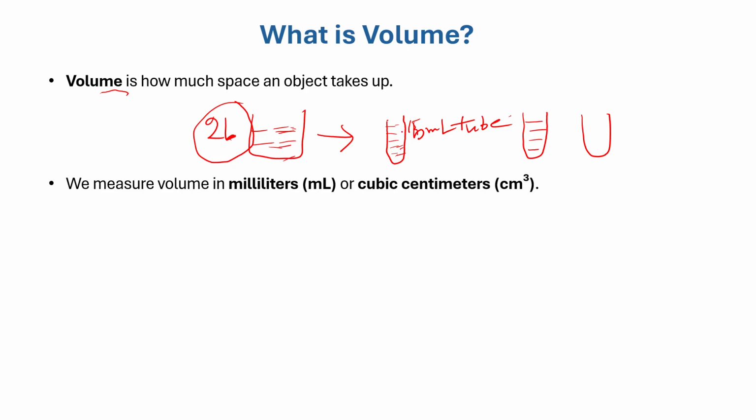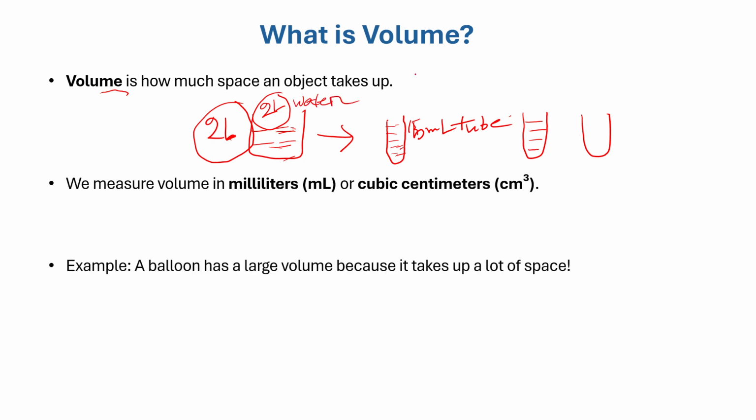And here the volume in a 15 ml tube will be much less than this jar, which had the capacity to hold 2 liters of water. So another example is a balloon has a large volume because it takes up a lot of space.